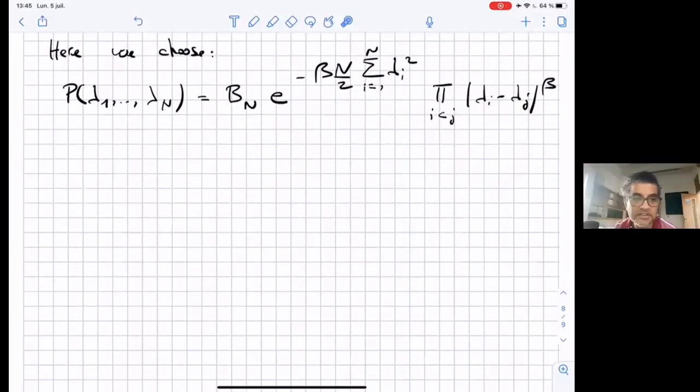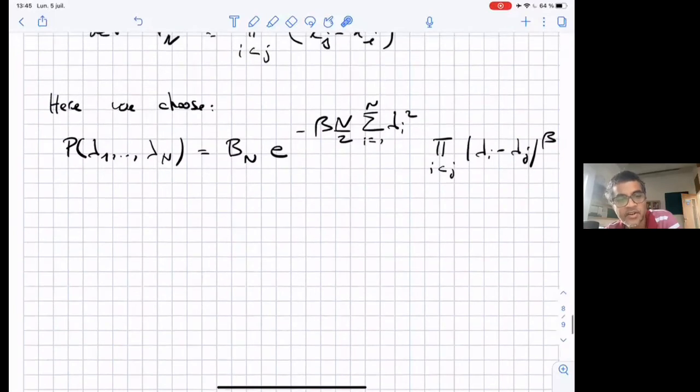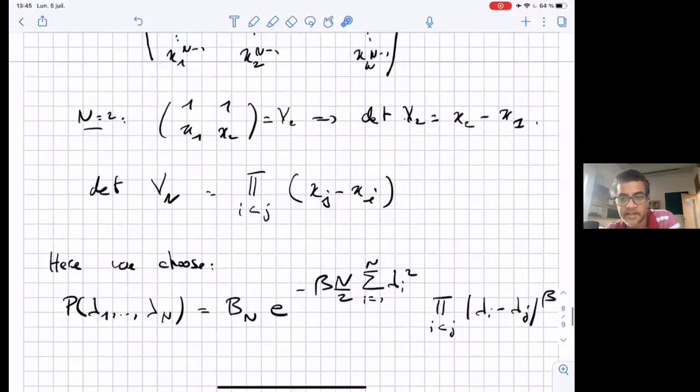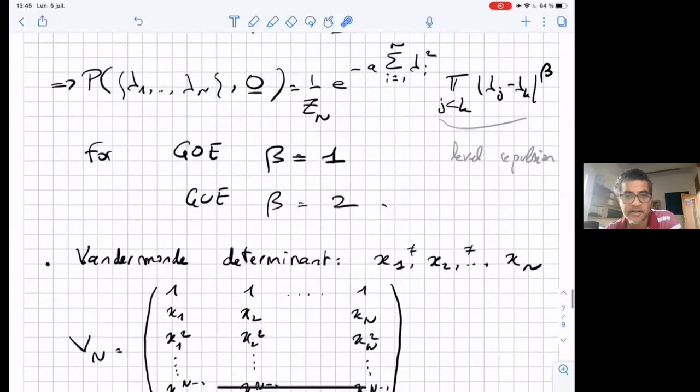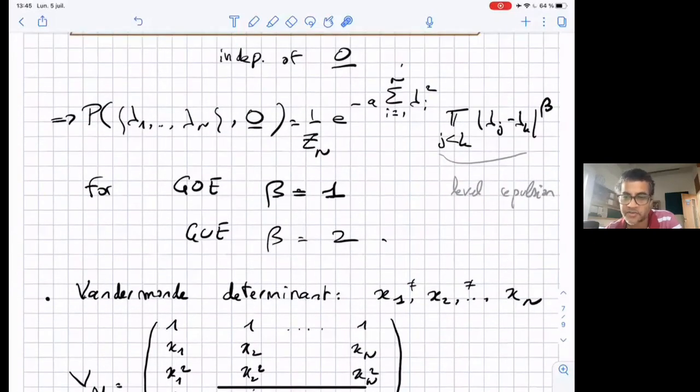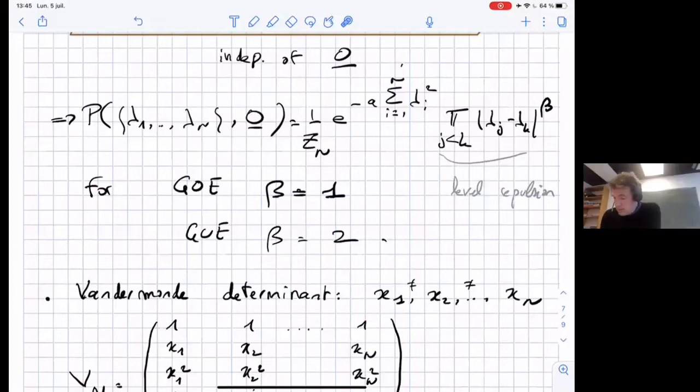Gregory, one small question. If you look at the joint distribution of the lambdas and O's, I guess if you integrated out the lambdas, one would get a constant, which gives the distribution of the eigenvectors, right? Yes, exactly. That's a good point.